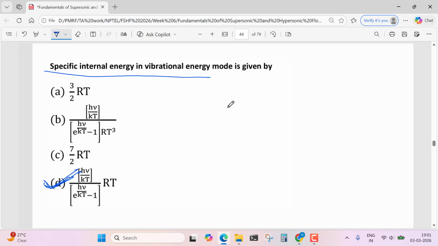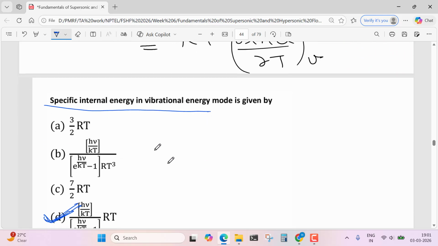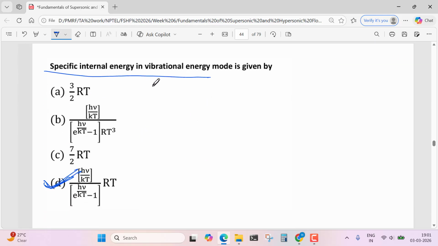So now we have found the specific internal energy for the system. In the next question we have to find the specific internal energy in the vibrational energy mode.